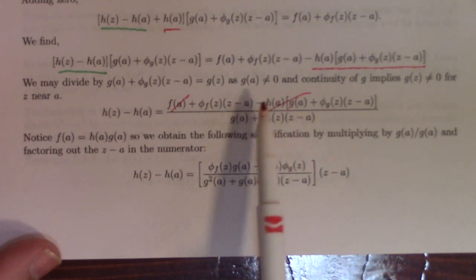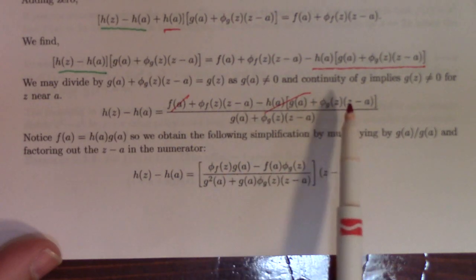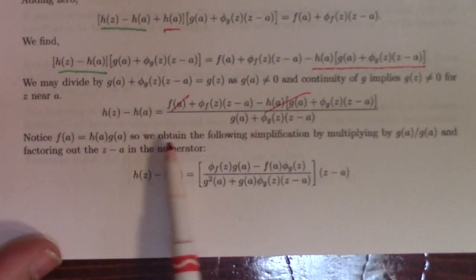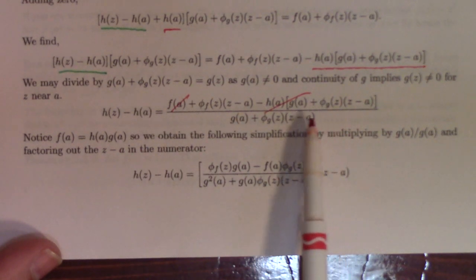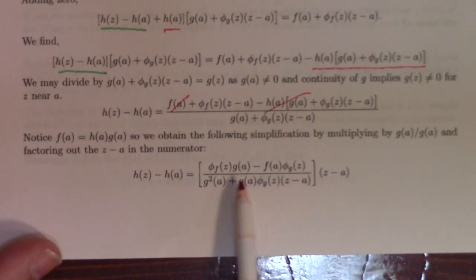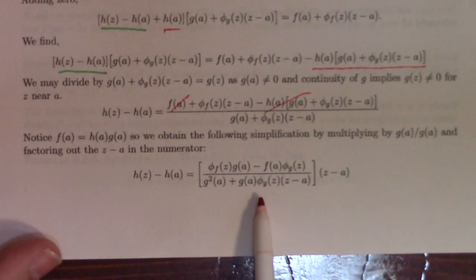So there's still an h times phi g there, and remember h is f over g. So then you multiply the top and the bottom by g to get this. So when I multiply the h by g, it leaves me that f. So I get minus f phi g, and upstairs I get phi of f g divided by g of a squared, and then this term times phi of a.